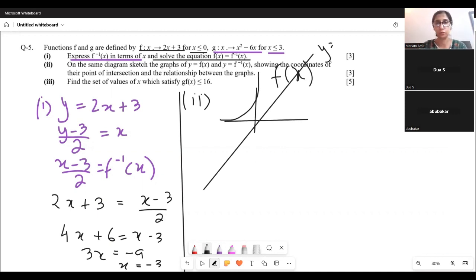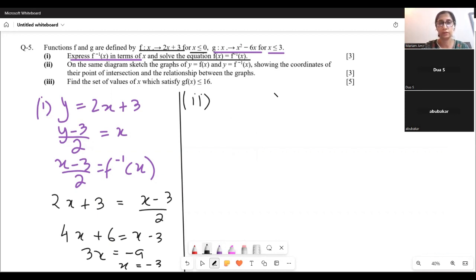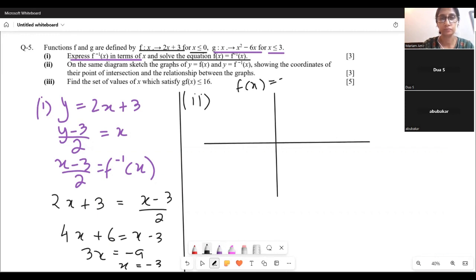So this is what we'll do. We'll sketch one of the graphs and then we'll reflect it on the line. Okay, so let's sketch fx. Fx is 2x plus 3. So इसका y-intercept तो 3 होगा.